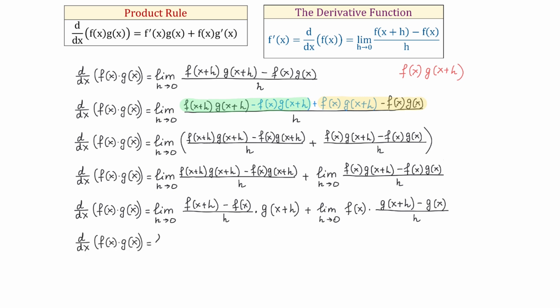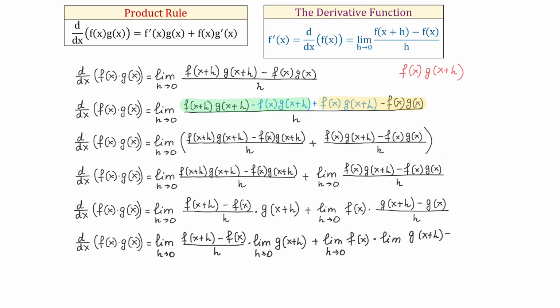So we can write all this as the limit of f(x+h) minus f(x) over h as h approaches 0 multiplied by the limit of g(x+h) as h approaches 0 plus the limit of f(x) as h approaches 0 times the limit of g(x+h) minus g(x) over h as h approaches 0.